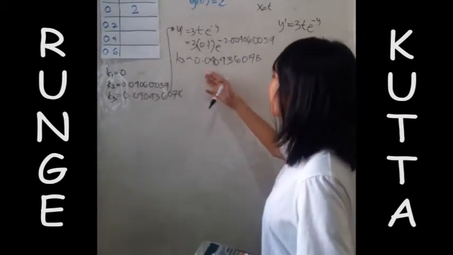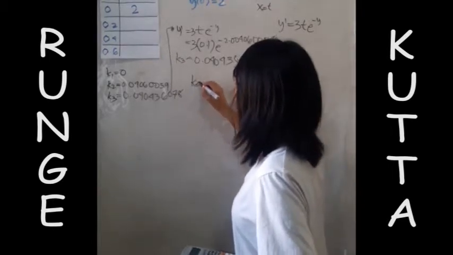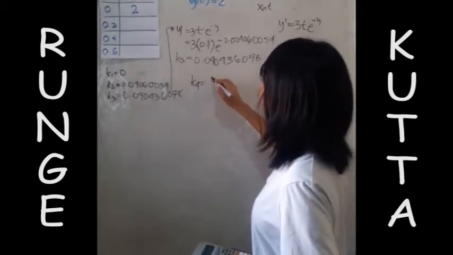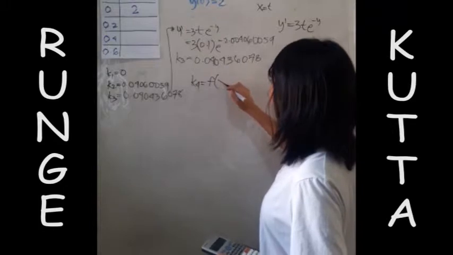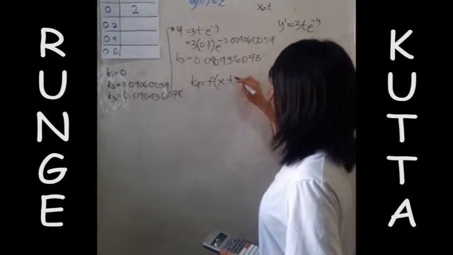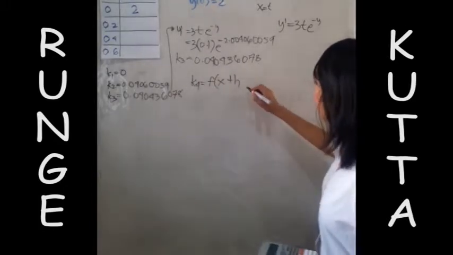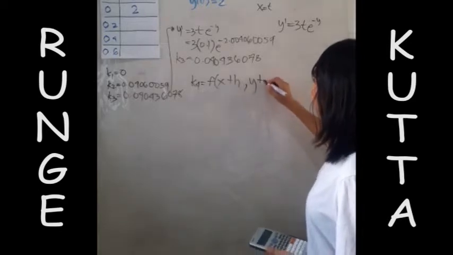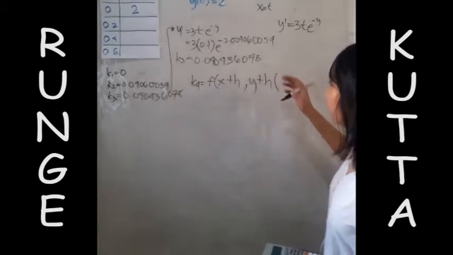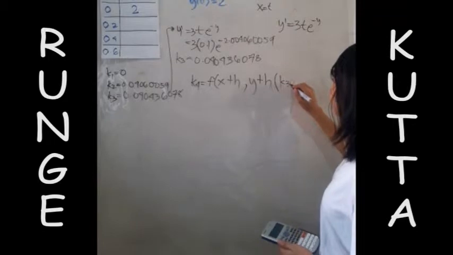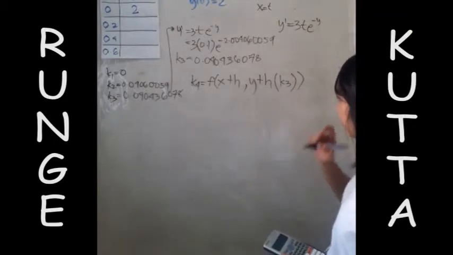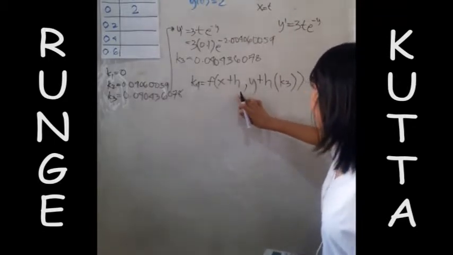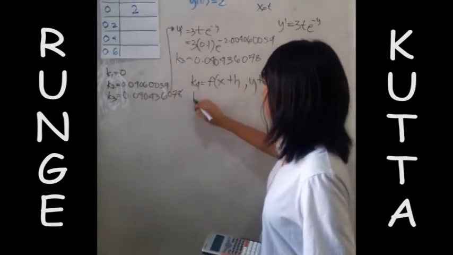So let's proceed to K4. K4 is equal to function of x plus h and y plus h and multiply the value of K3. So let's substitute the values.